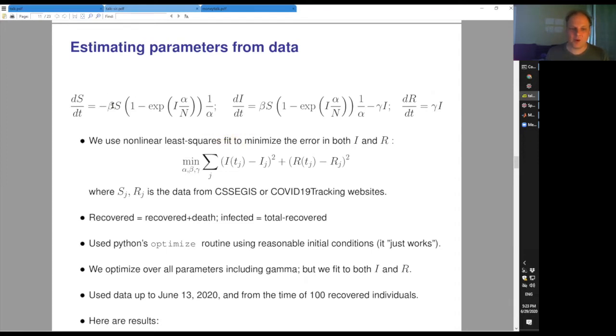For any given alpha, beta, and sorry, there's also gamma, I compute the solution, and then I compute this least squares, which is the difference between the real world data, I_j and R_j, the infected and recovered in the real world, versus my ODE solution. And I minimize that, using a simple minimize function from Python.